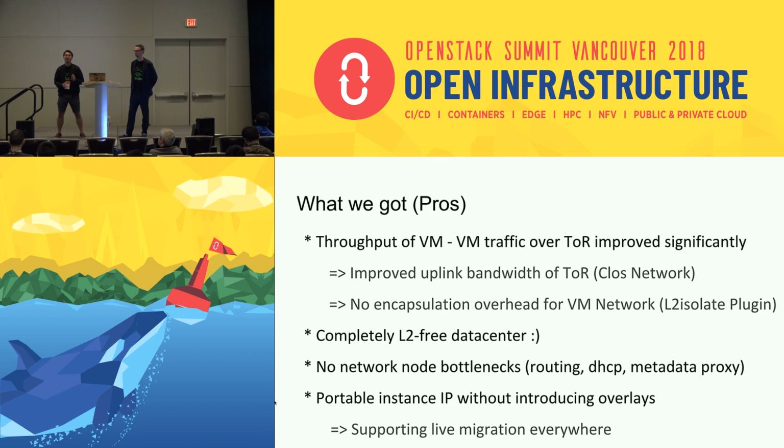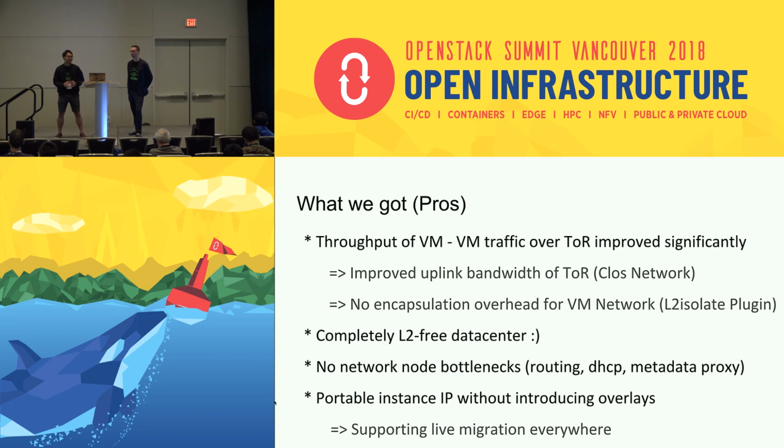The first one is that the average throughput of VM to VM traffic over the ToR is improved quite significantly by improving the uplink bandwidth of the ToR and using no overlay solution.